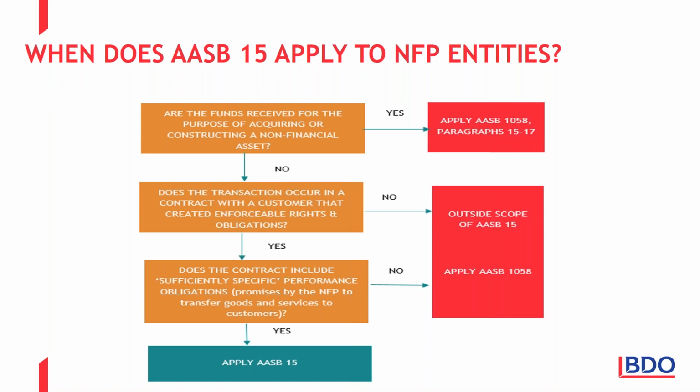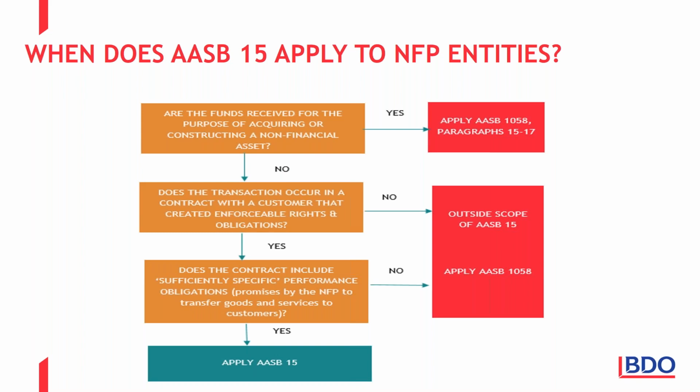And only if we have sufficiently specific performance obligations around transferring goods and services would you, as a not-for-profit entity, be required to apply AASB 15. If you do not have sufficiently specific performance obligations, you have to apply AASB 1058.